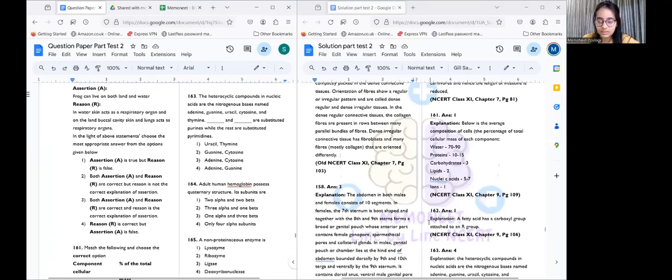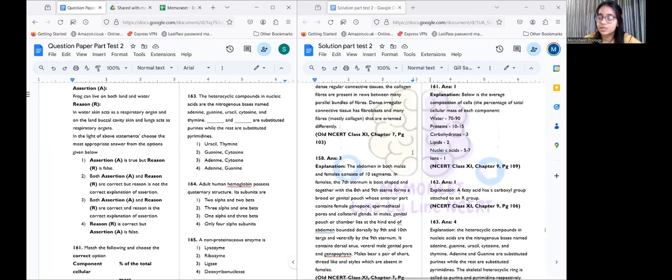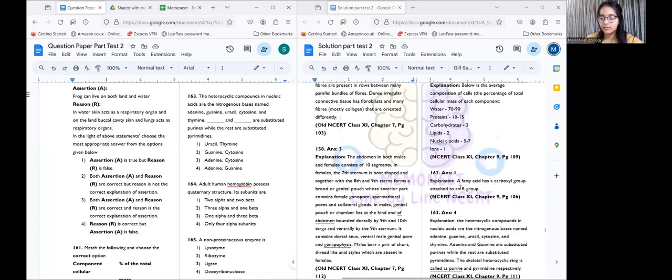Moving to 163, which is about the heterocyclic compounds in nucleic acids, the nitrogenous bases. Name these 4. They are substituted purines and the rest are pyrimidines. So which of them are substituted purines? Basically, there are 2 types of nitrogenous bases, purines and pyrimidines. We have adenine, guanine, uracil, cytosine, and thymine, right?